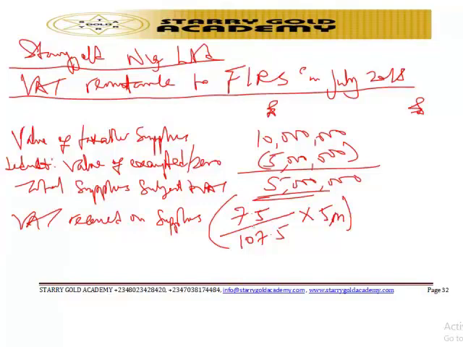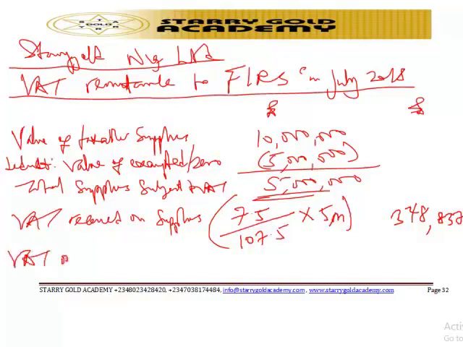So what do we have? Kindly punch your calculator and confirm the figure to me. So we have 7.5 divided by 107.5 multiplied by 5 million naira, which gives us 348,837.